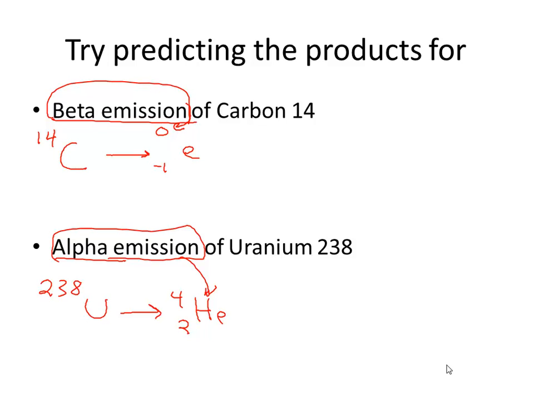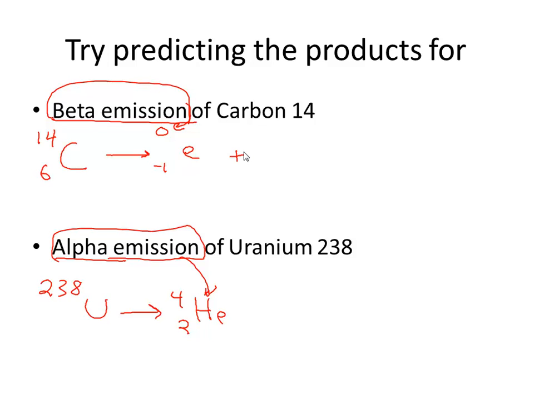First off, what's the atomic number of carbon? Do you have your periodic table? Carbon is 6. So carbon's 6, and I'm going to make another product.